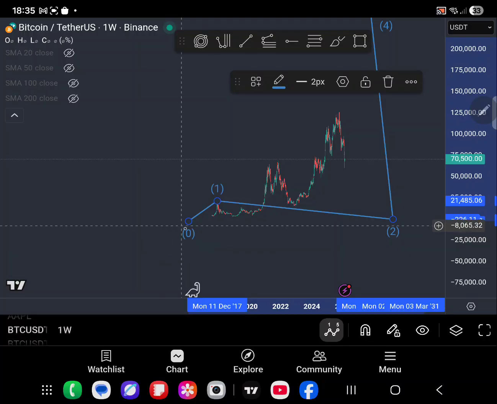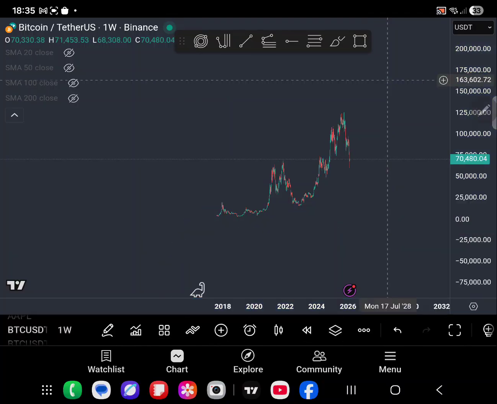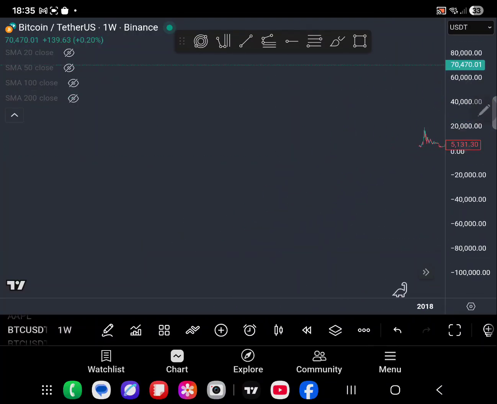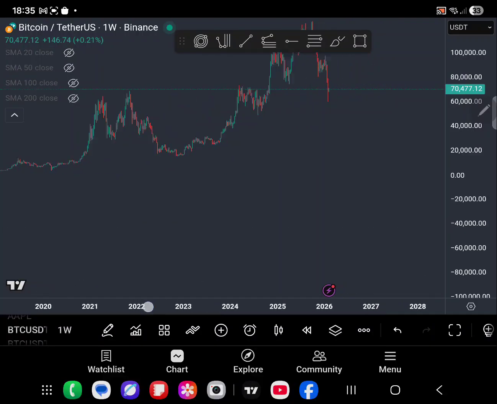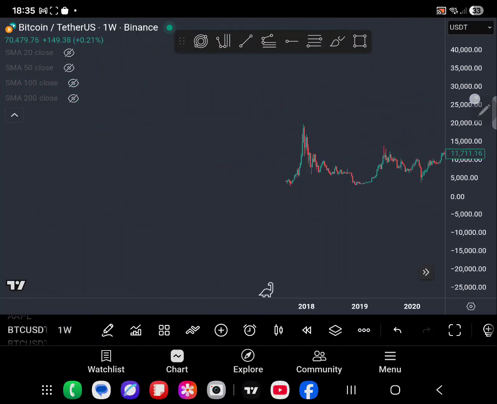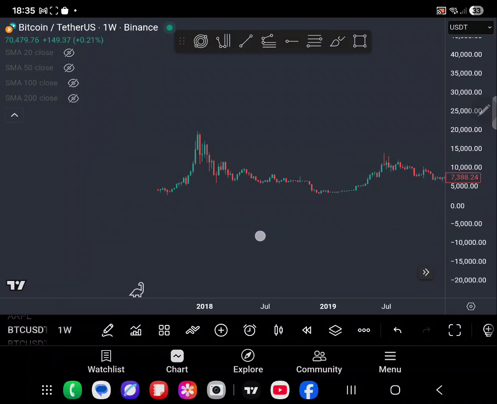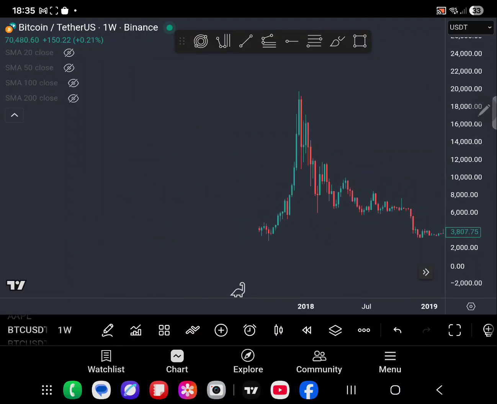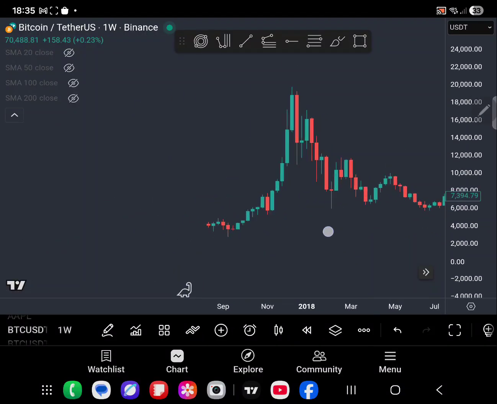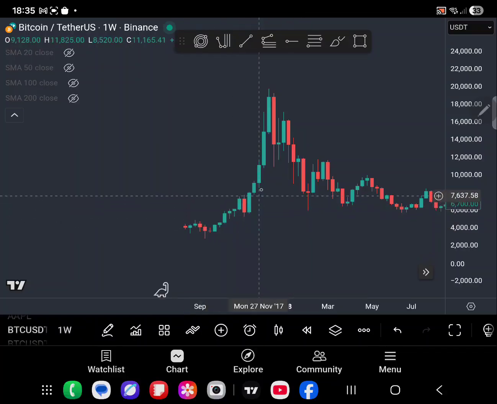If I zoom in, if I get rid of this, go all the way back, come back here, you see how this move up to 20,000? That is an impulse wave.